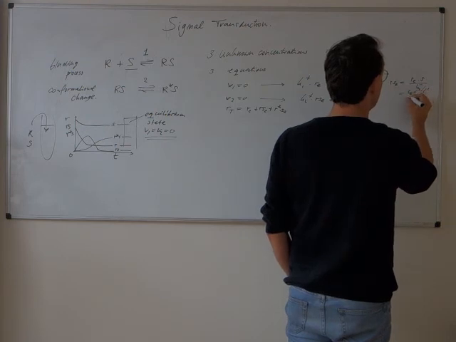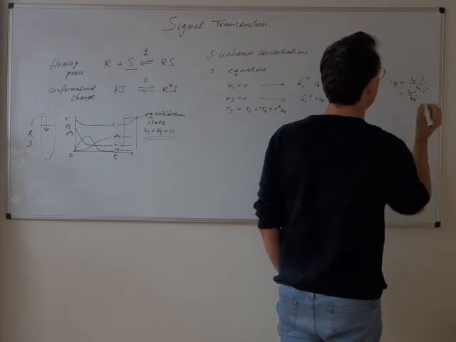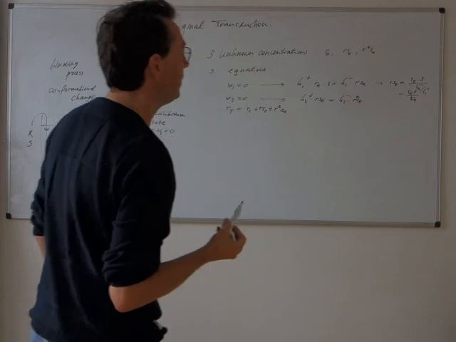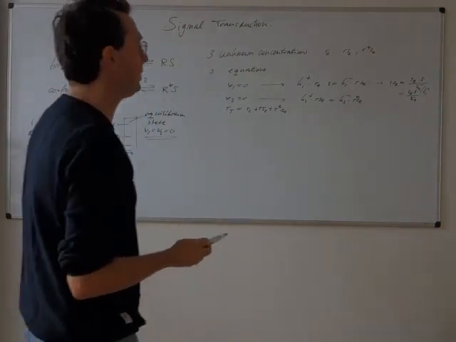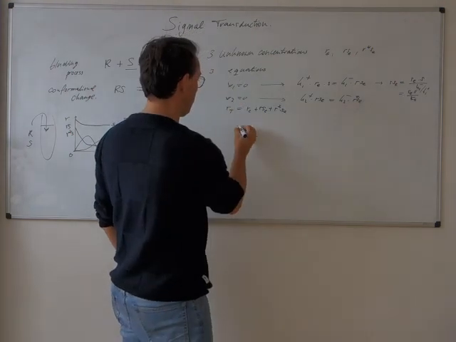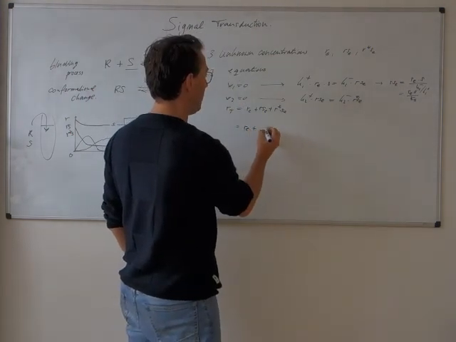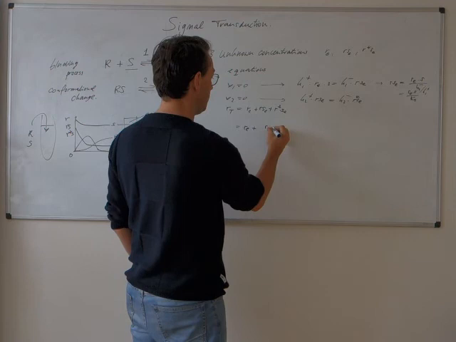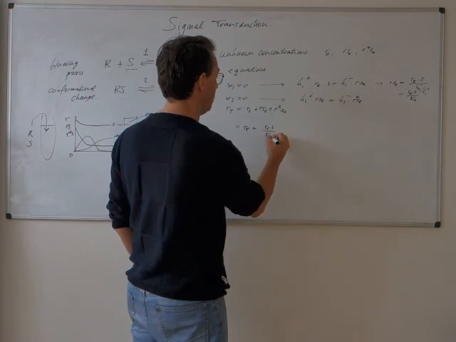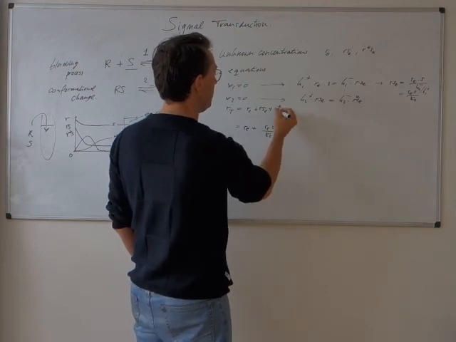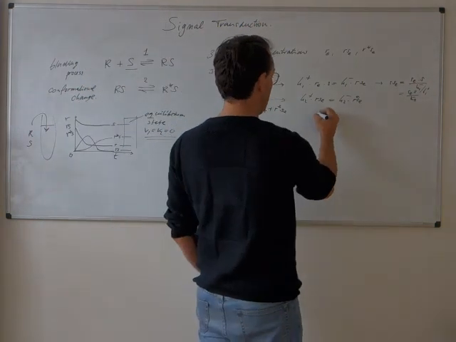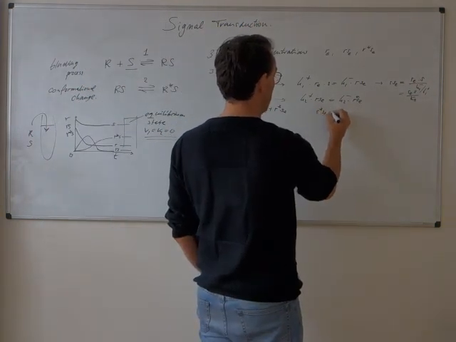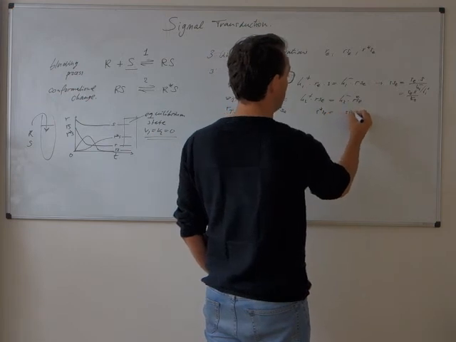So let's call that dissociation constant Ks. That is the affinity of the receptor for the signal S. This means that we can already express RSE in terms of S. But the next thing is to express this one in terms of S. Well, the first thing we can do is express this concentration in terms of that concentration.